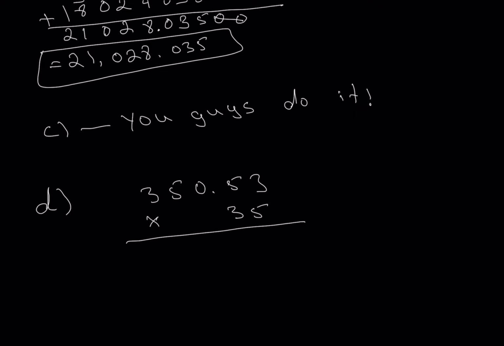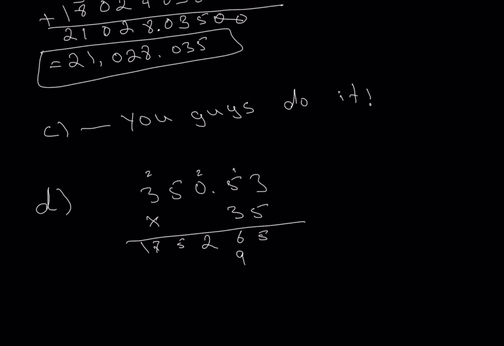So if we multiply these numbers there, multiplication will be 5 times 3 is 15, 1 will go right there, 5 times 5 is 25, and 1 will be 26, 6 and 2 will go there, 5 times 0 is 0, 0 plus 2 will be 2, 5 times 5 is 25, 2 will go up there, 5 times 3 is 15 and 2 will be 17, 3 times 3 is 9.